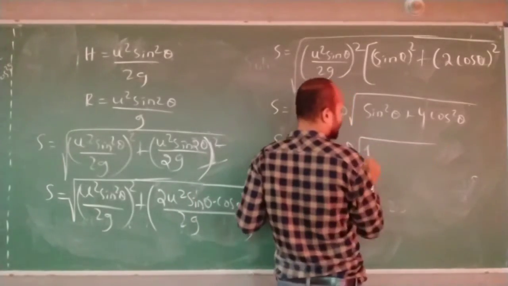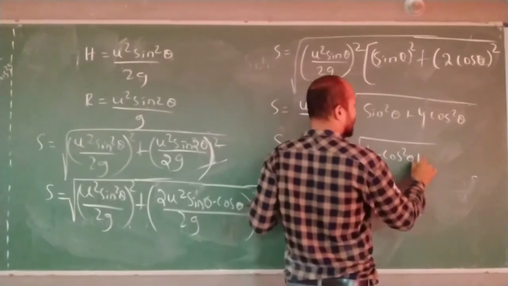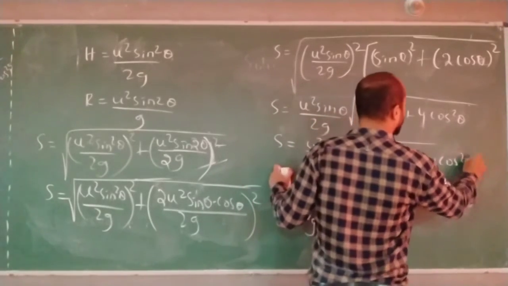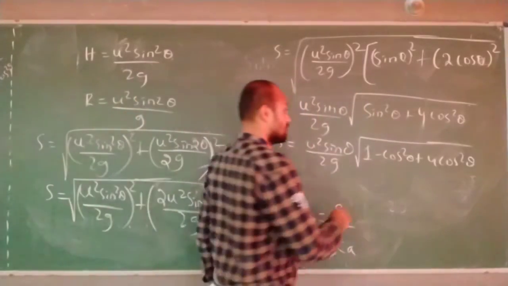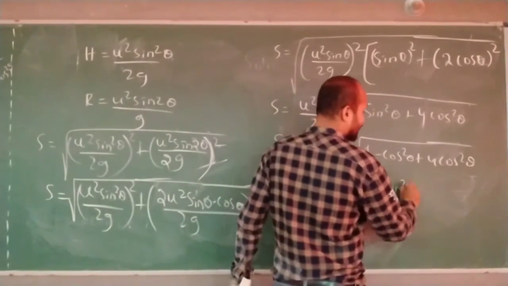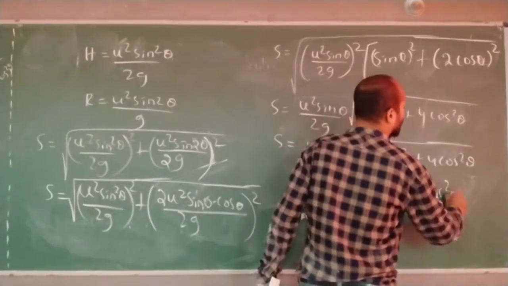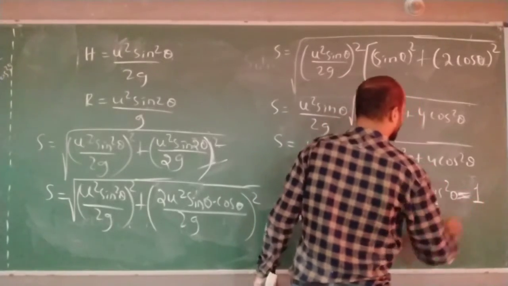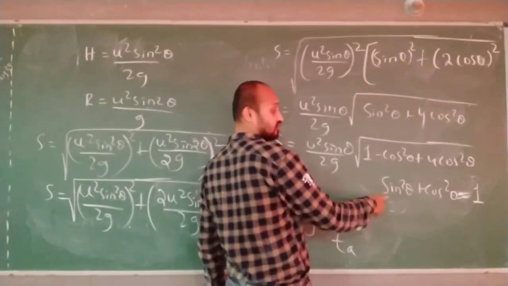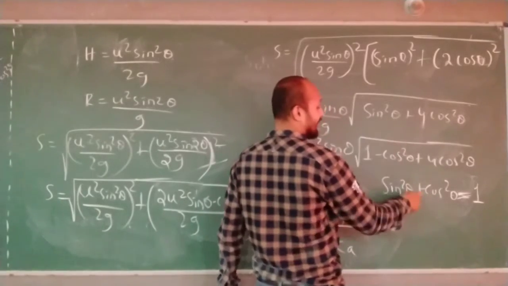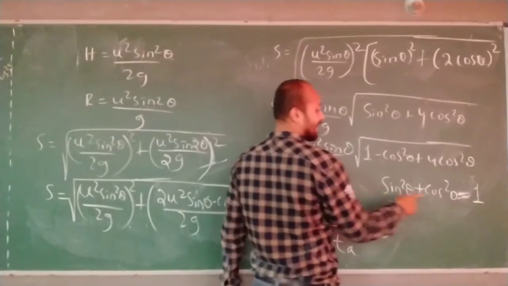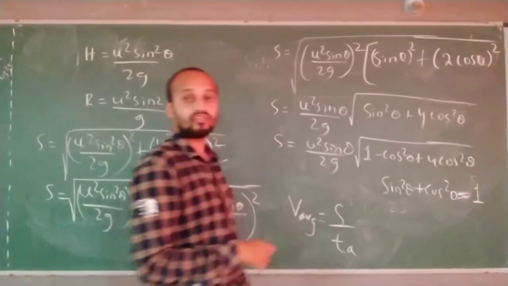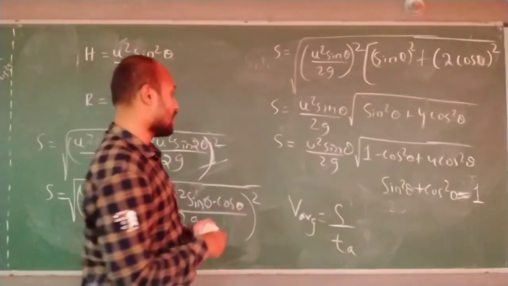This can be written as 1 minus cos square theta plus 4 cos square theta, because sin square theta plus cos square theta is equal to 1, so sin square theta is 1 minus cos square theta.